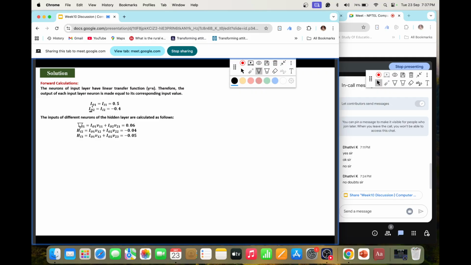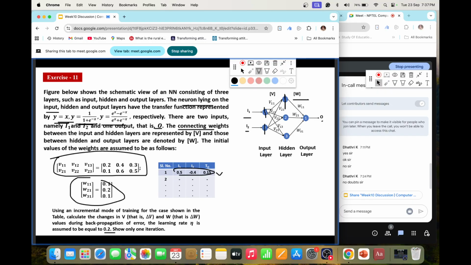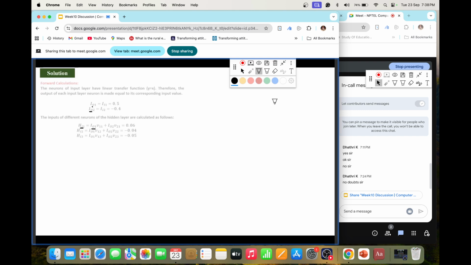This is the formula: HI1 is IO1 into V11 plus IO2 into V21. These two arrows are going to this neuron, so you have to multiply this input and this input by their weights. By this you can calculate HI1, HI2 and HI3.